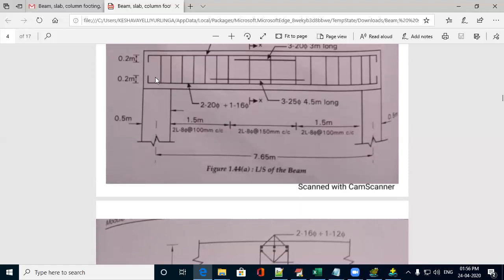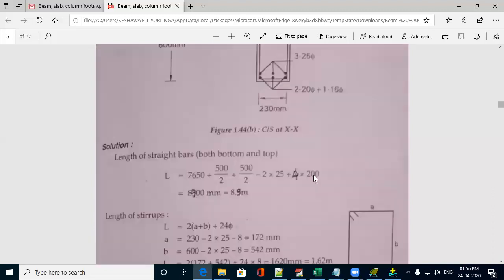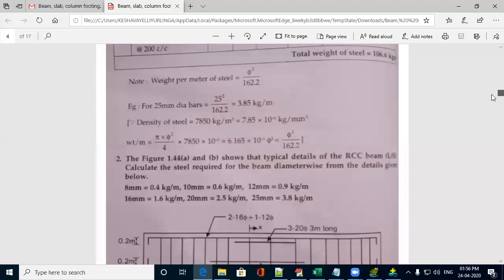It is 500 by 2 plus 7650 plus 500 by 2 minus 2 times the cover. Cover you can assume as 25 mm, minus 2 times 25, plus 2 times 200. This is not 4 times, this is actually 2 times the 200. Please change it. Why 2 times?